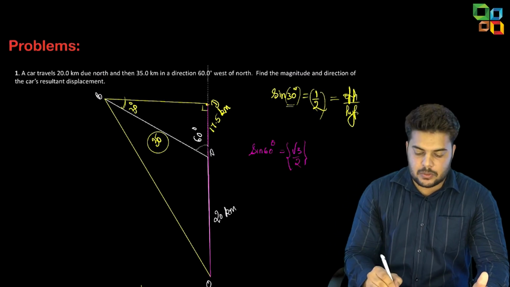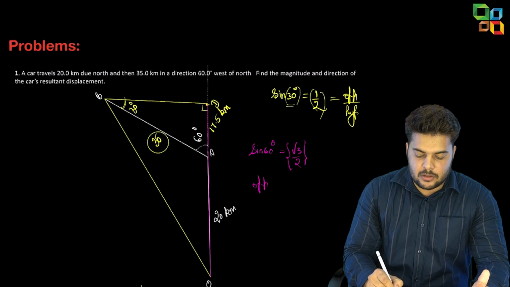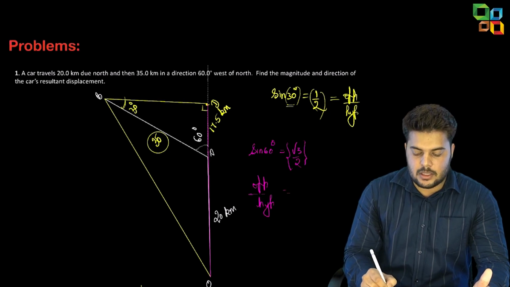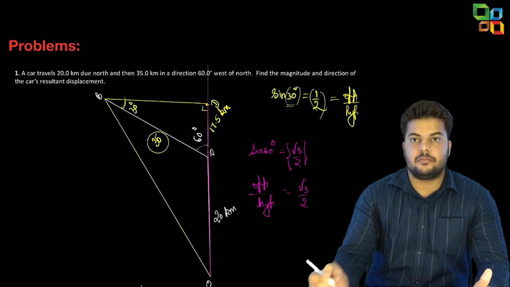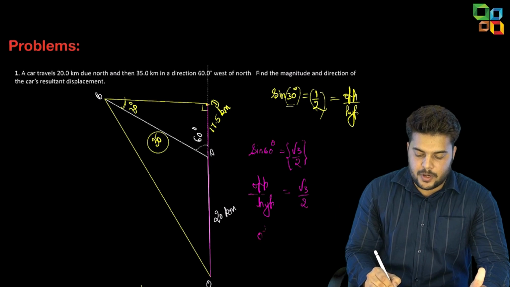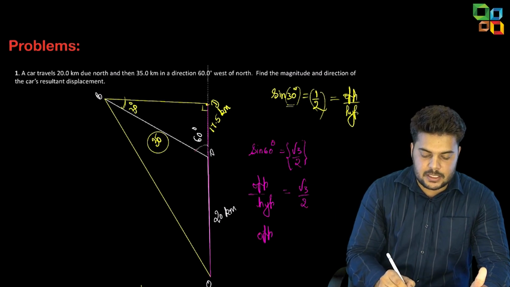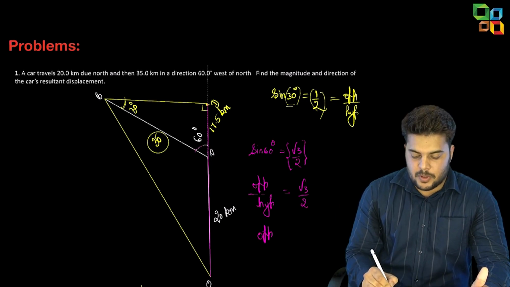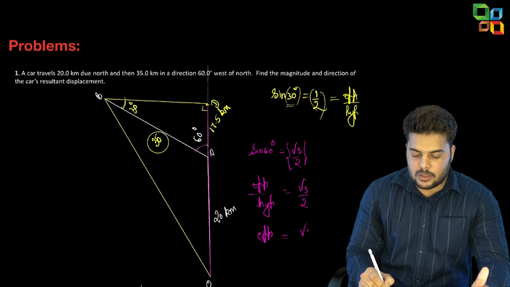Sine of 60 means opposite to angle 60 divided by the hypotenuse, equal to root 3 by 2. So I want to find the opposite side to 60 degrees, which is root 3 by 2 into the hypotenuse, whose length I know, 35.